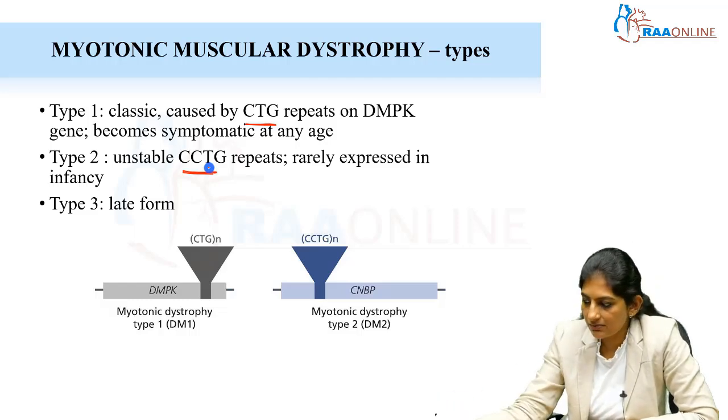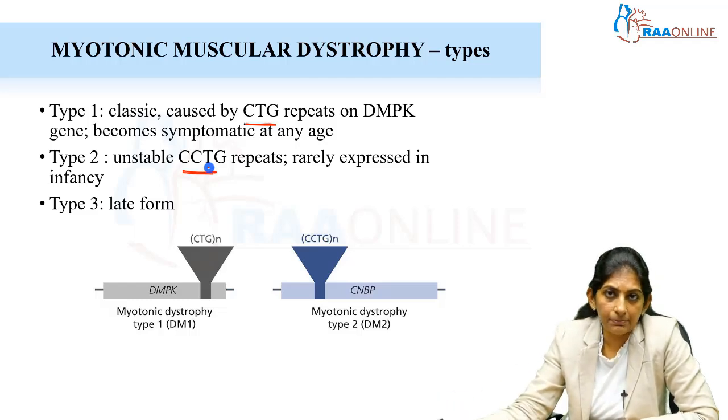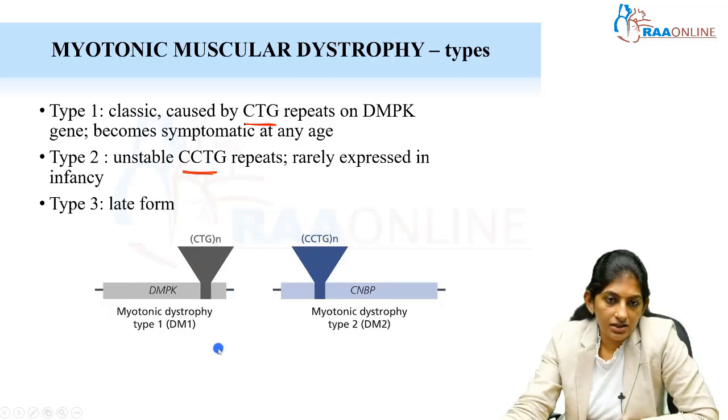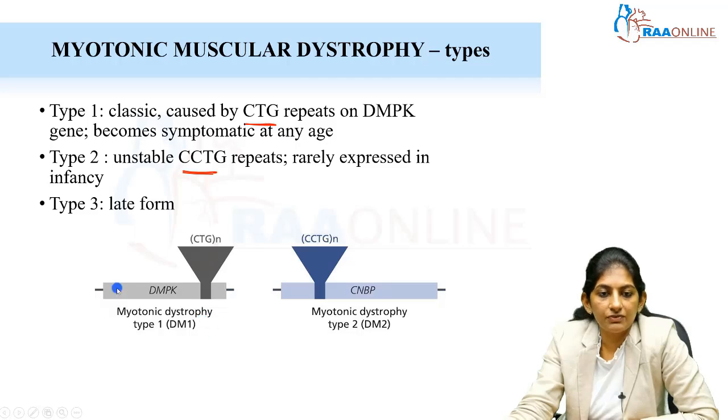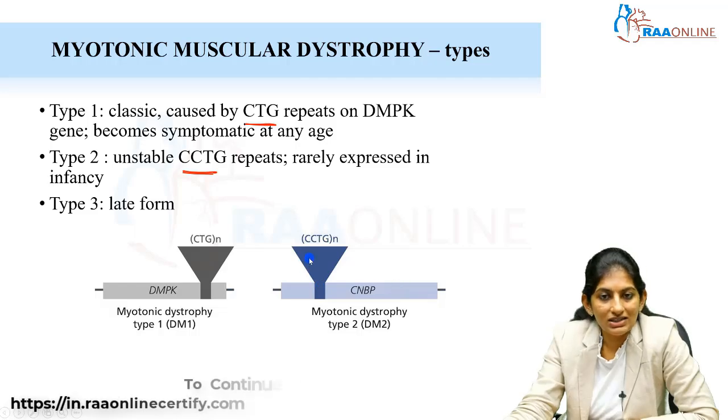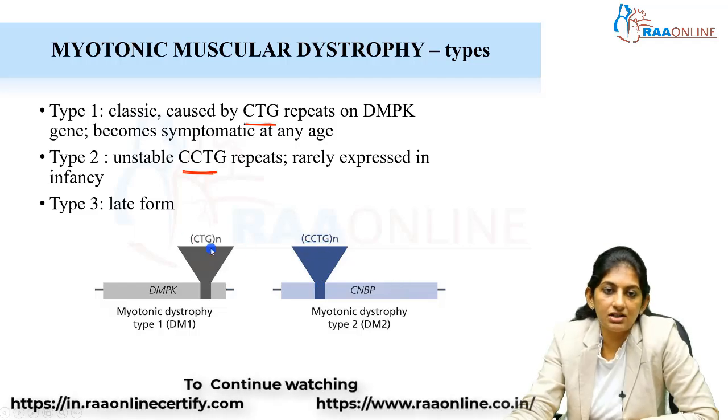So this is the difference between type 1 and type 2 myotonic muscular dystrophy. DM1, that is myotonic muscular dystrophy type 1, has the culprit gene DMPK. In myotonic muscular dystrophy type 2, the culprit gene is CNBP, which will cause CCTG repeats. This is a triple nucleotide repeat sequence, whereas here it is a CCTG repeat.